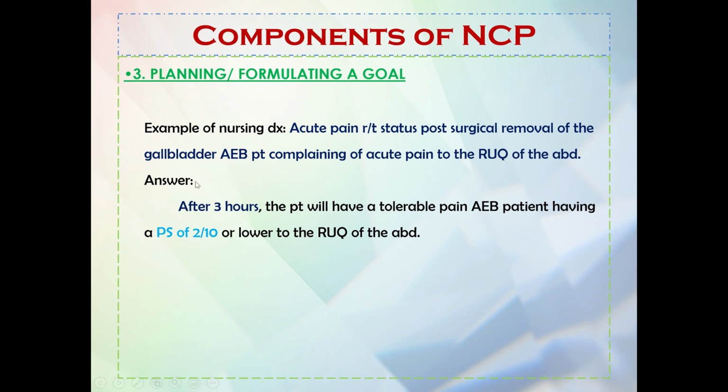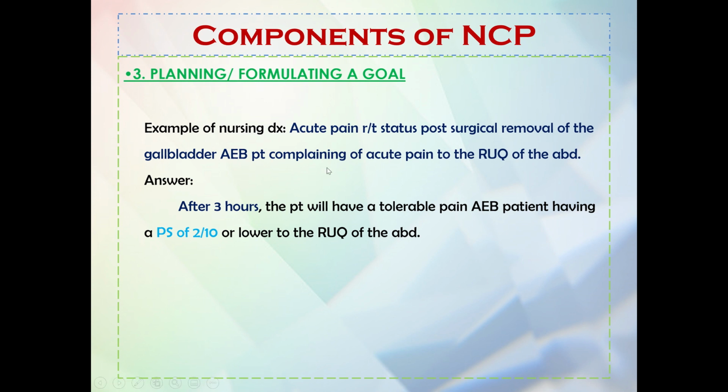So, yung plano natin dito is after 3 hours, pwedeng ilagay dito after 3 hours of nursing intervention. So, the patient will have a tolerable pain as evidenced by patient having a pain scale of 2/10 or lower to the right upper quadrant of the abdomen.